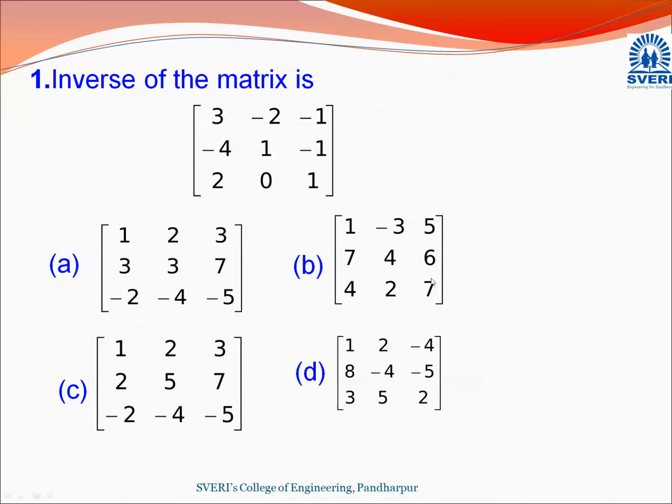Some more examples are given here. The matrix is 3 minus 2 minus 1, minus 4 1 minus 1, 2 0 1. Here, if we are going to find A inverse, the determinant of A is equal to 3.